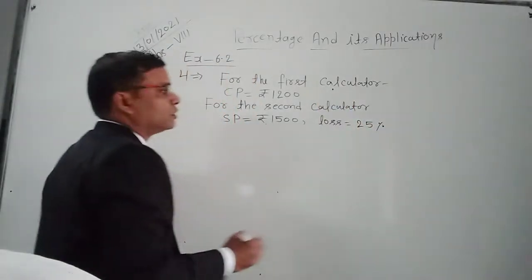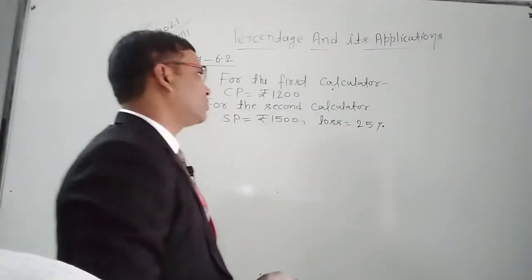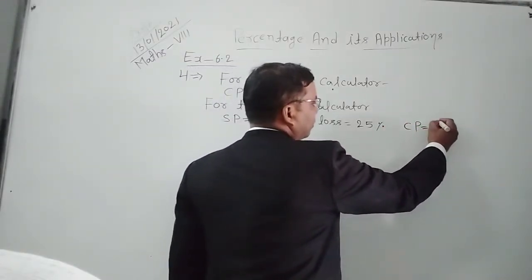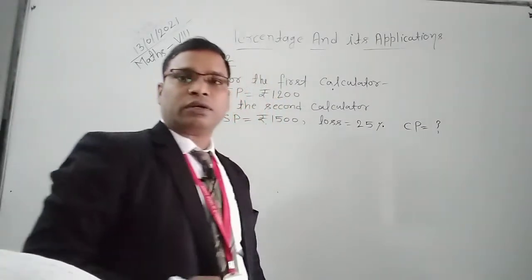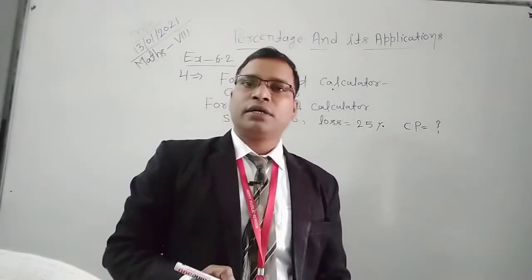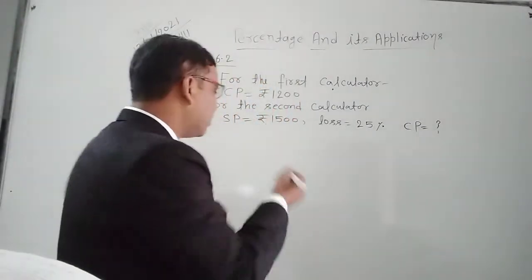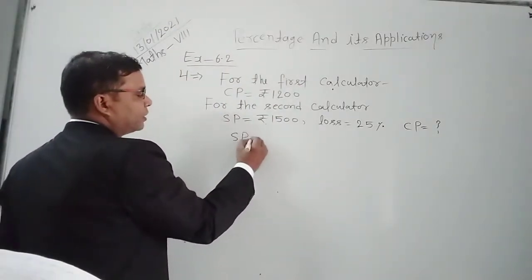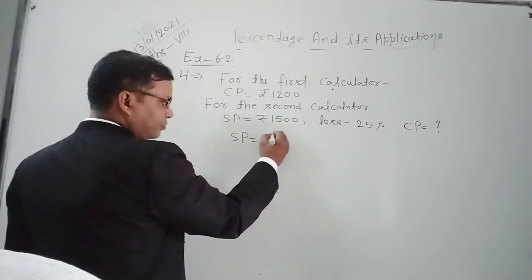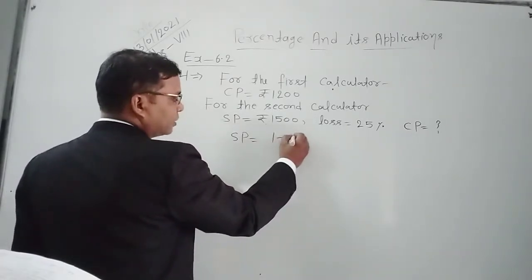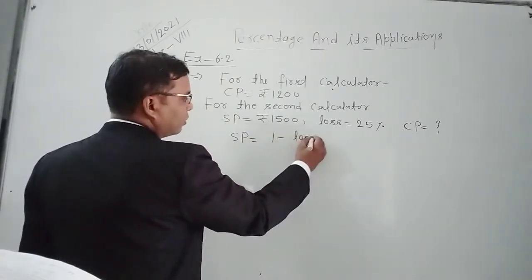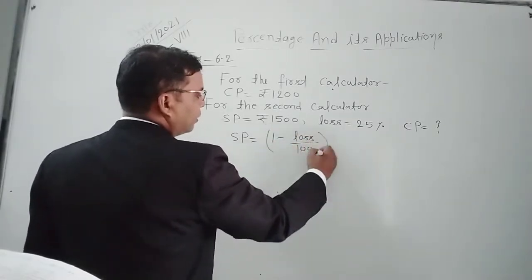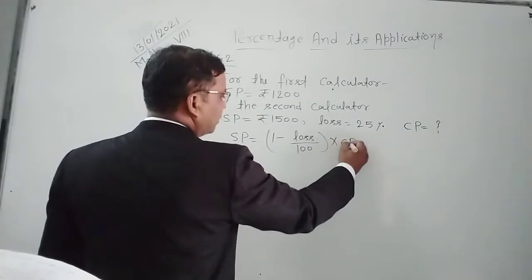So here you need to find the cost price, CP, of the second calculator. Clear? In the previous part, we used this formula to find cost price: SP is equal to (1 minus loss by 100) into CP.